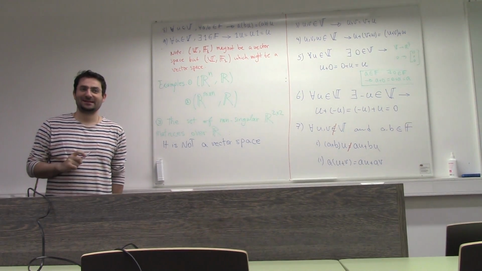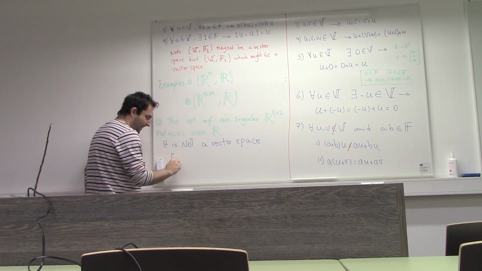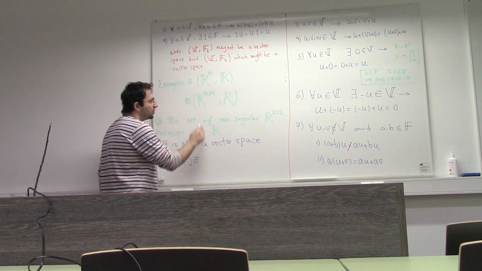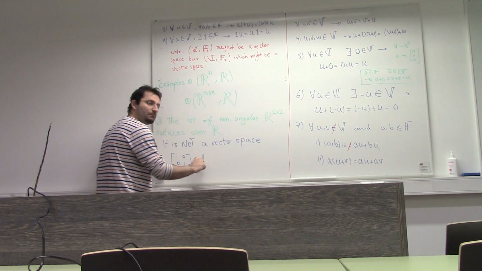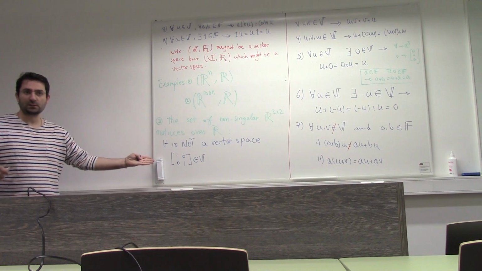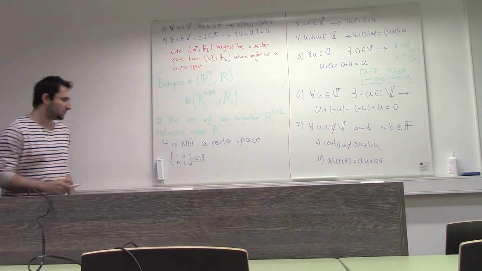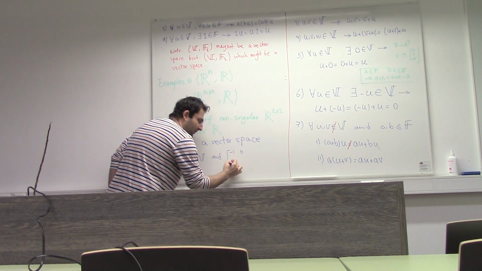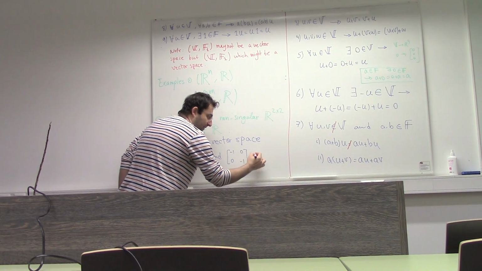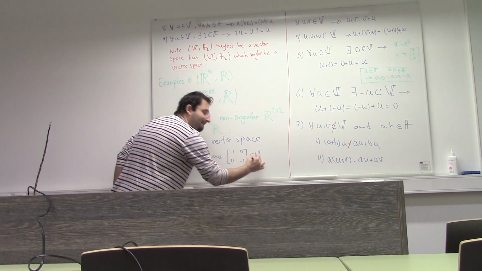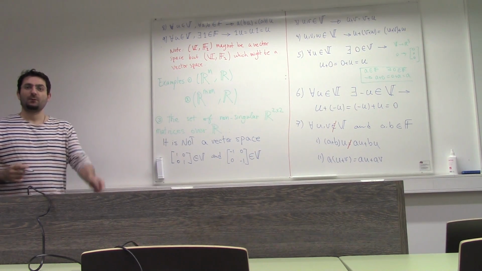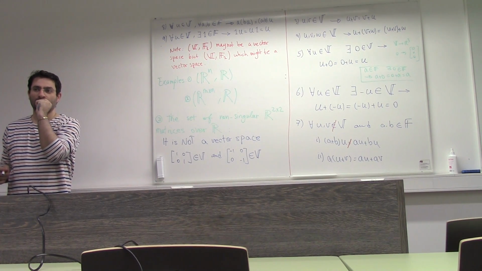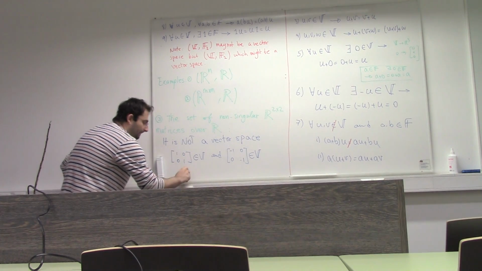Because we have a very simple example. The matrix 1, 0, 0, 1 belongs to the set, right? This is non-singular. What's the determinant? 1. And minus 1, 0, 0, minus 1 is also a very famous non-singular matrix. Right? What was property number 1? U plus V belongs to... Let's see.